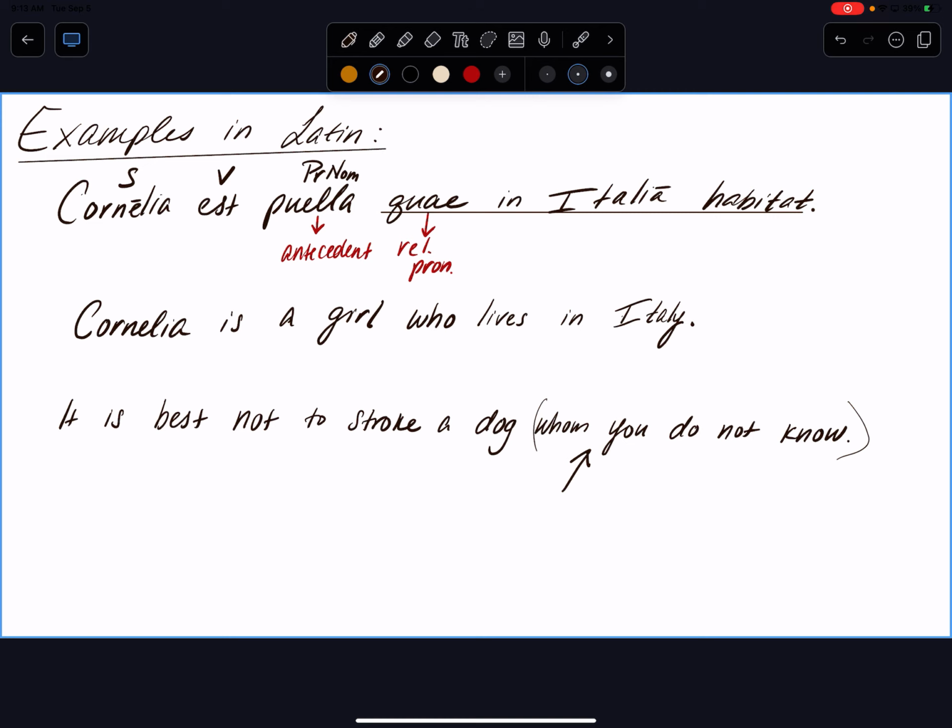you could say, cats, who are lazy, often sleep for most of the day.